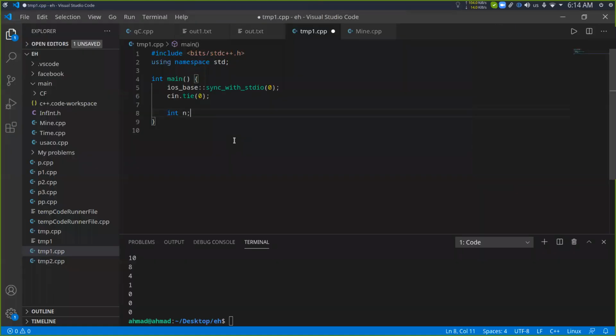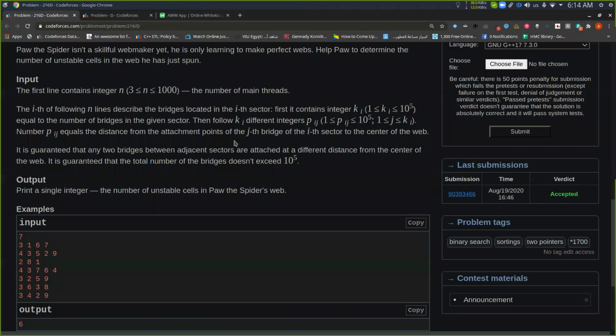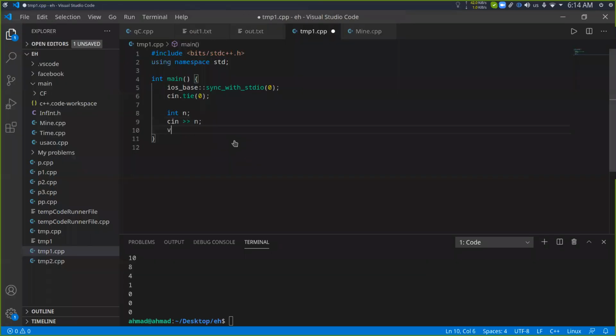So take n, and then we'll make a vector that stores the sectors. So it will be an array of vectors, and for each vector v of i, it will store the actual bridges of sector number i.